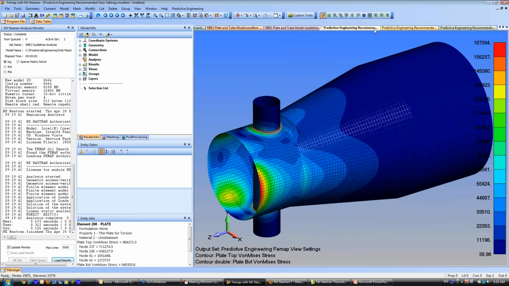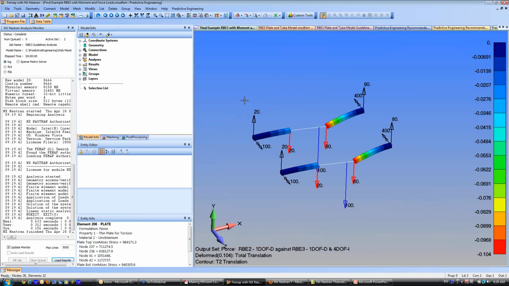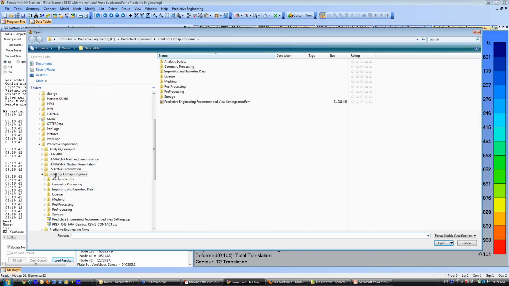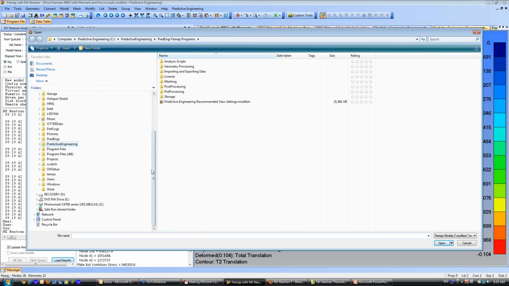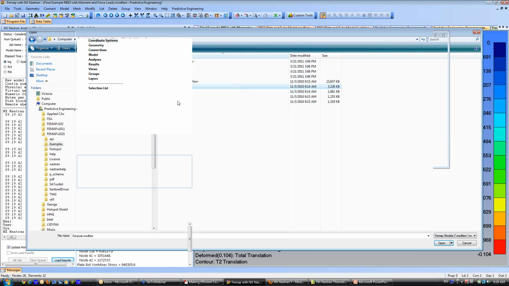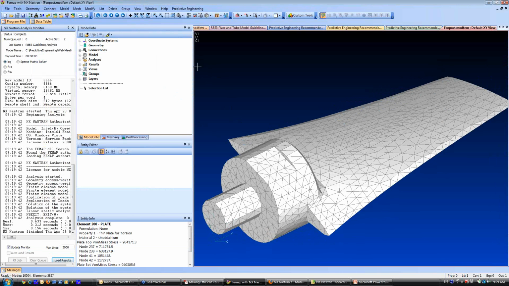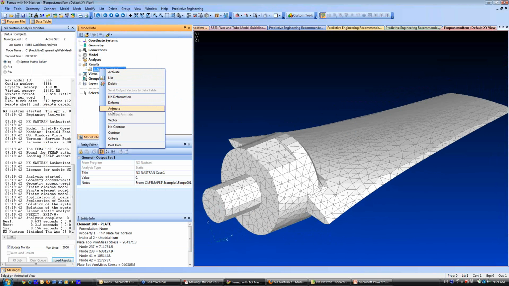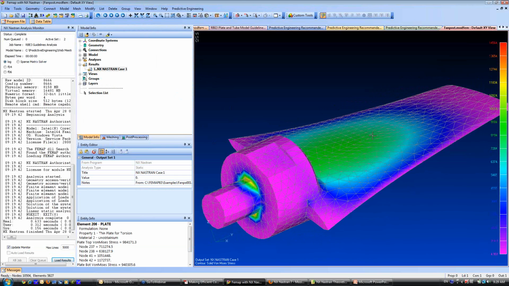Like that. It's been so many moons, so I know what I'm going to do. I'll just load a FEMAP example model. There we go. With the standard background, and there's some results on it, and we can contour it like that.